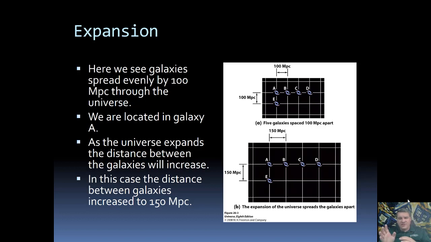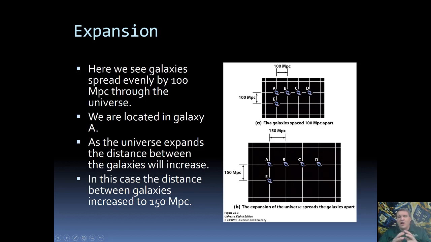Okay, so we jump forward to, I don't know, billions of years, and now from A to B is 150, from B to C is 150, and C to D is 150. But remember, we're on galaxy A. So from our point of view on galaxy A, galaxy B is now 150 megaparsecs away. Galaxy C is now 300 away, and galaxy D is now 450 away.